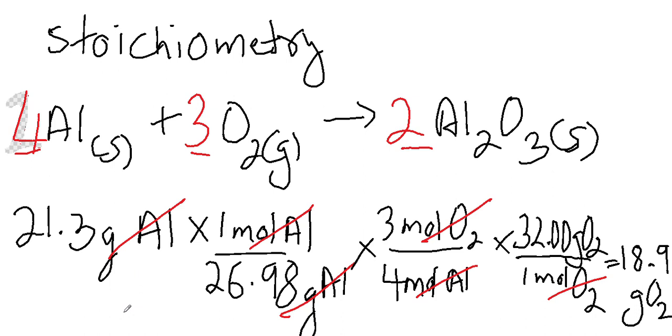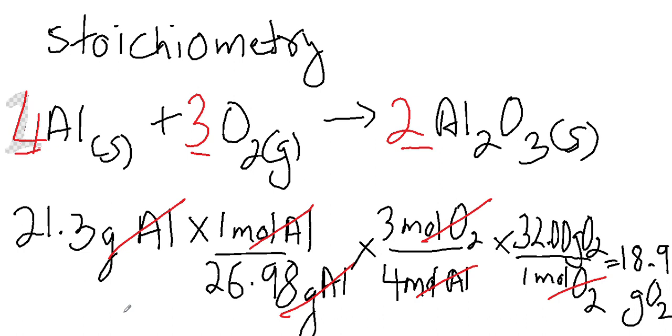Okay. On the contrary, let's say I took 18.9 grams of oxygen, but I took 50 grams of aluminum. In that case, I run out of oxygen with aluminum remaining. In that case, my oxygen is the limiting reactant.